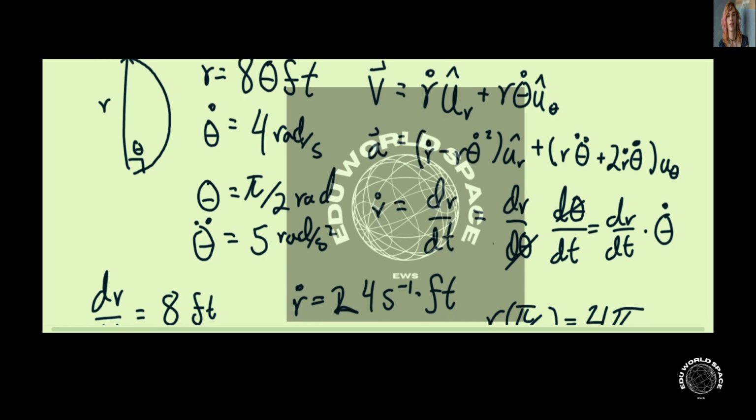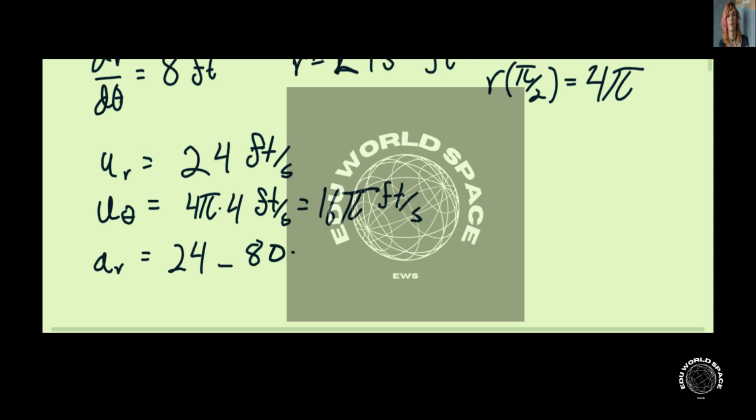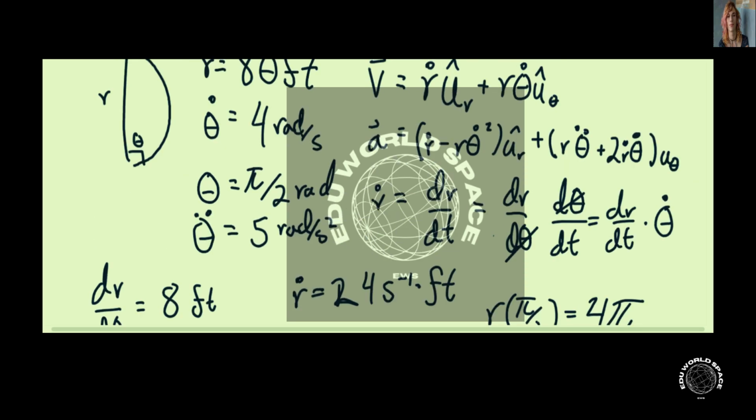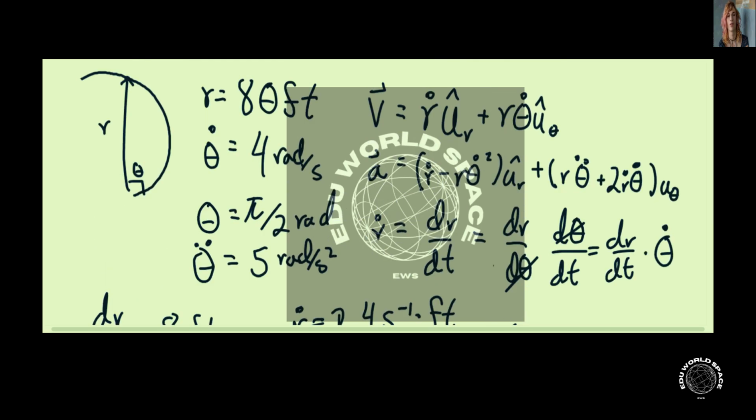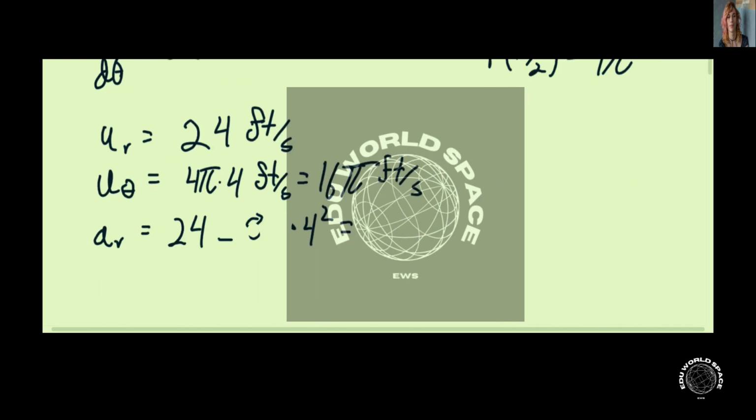So it's 4 pi times 4 squared, which is just 16.